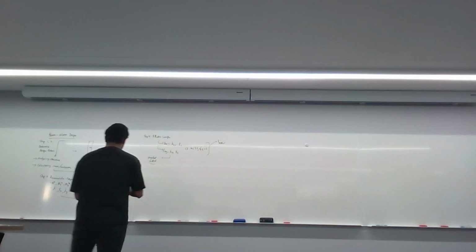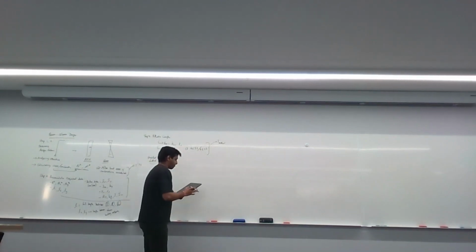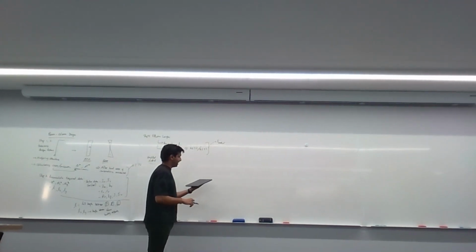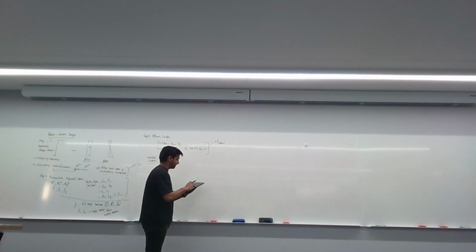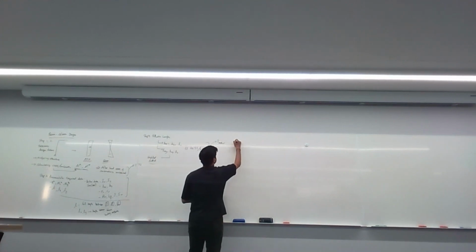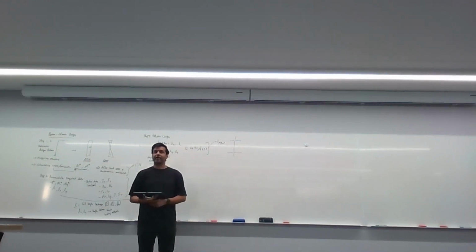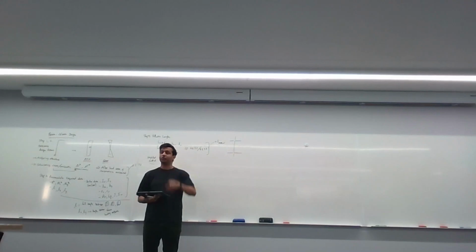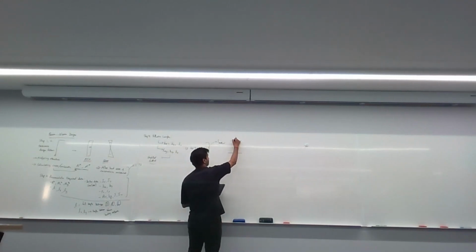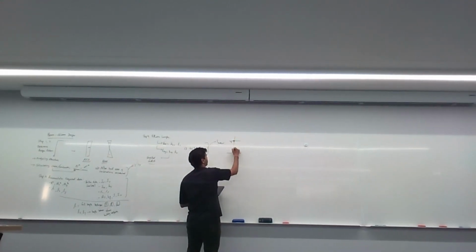So if you recall how to do the gamma method, essentially, for a particular column, there are two important nodes. You have your node at the top and you have your node at the bottom.